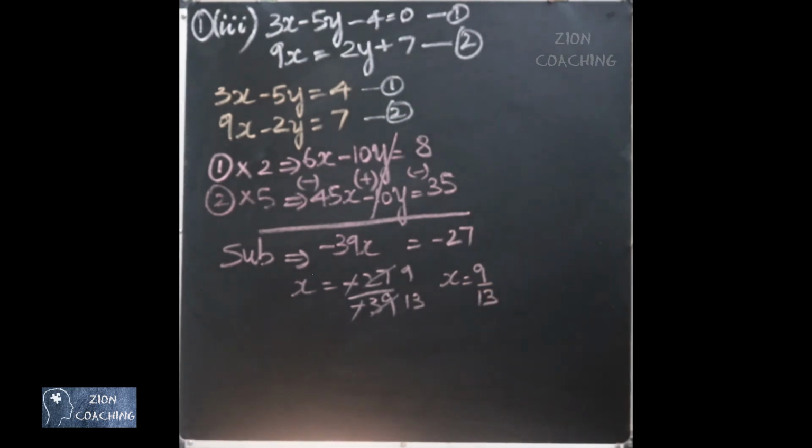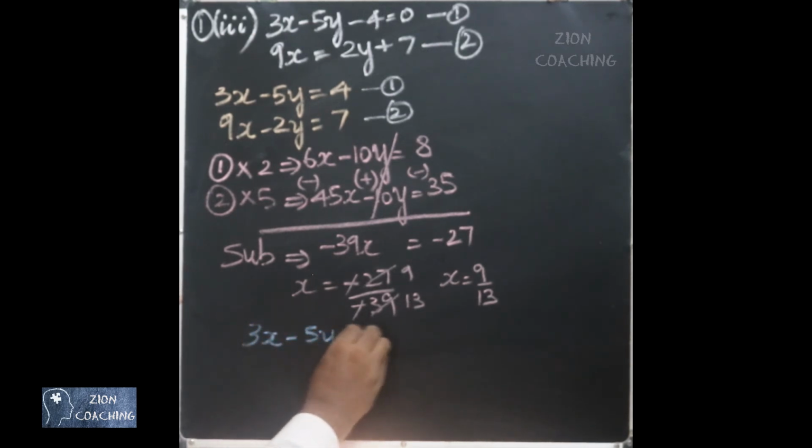We are going to substitute this in any one of the equations and find the value of y. So we have 3x minus 5y equal to 4. I am going to substitute the value there. 3 into 9 by 13 minus 5y equal to 4.